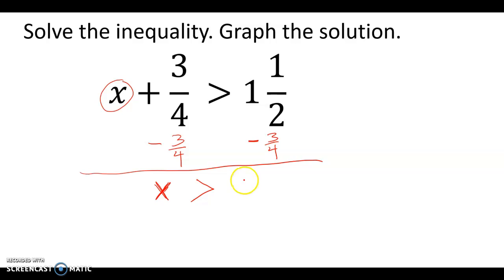I should end up with a positive 3/4. So on my graph, I would find the 3/4. The circle, is it going to be empty or shaded? It's going to be empty because there's no equal to symbol. And greater than points to the right. So it goes to the right.